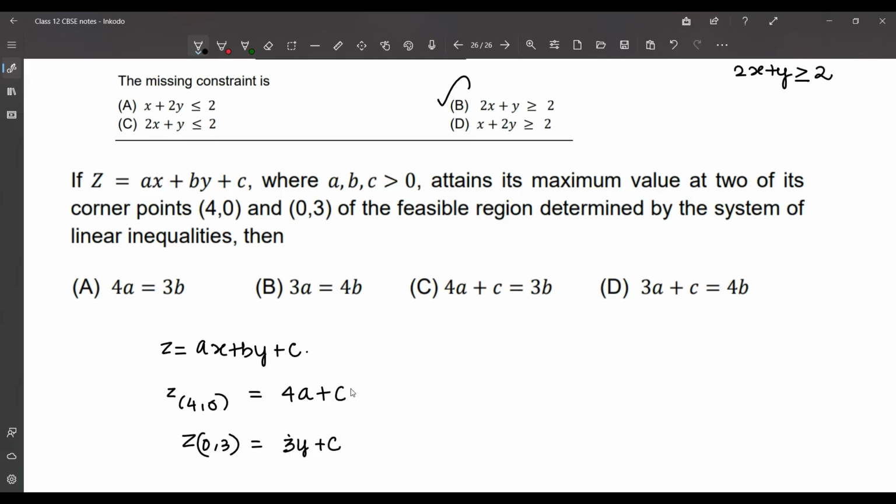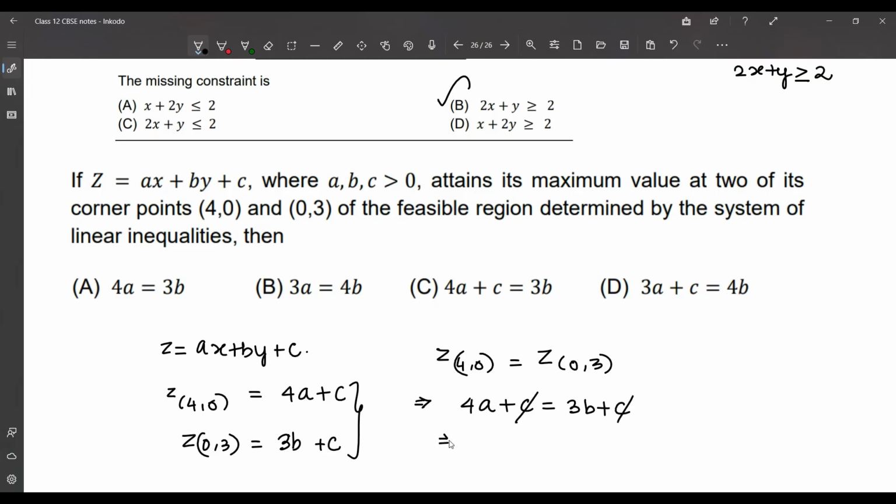So the z achieved at the point 4, 0 is the same as z achieved at 0, 3. These two are equal. So we have 4a plus c, which is equal to 3b plus c. The plus c value and the plus c value get cancelled. So 4a is equal to 3b. Option A is the correct answer.